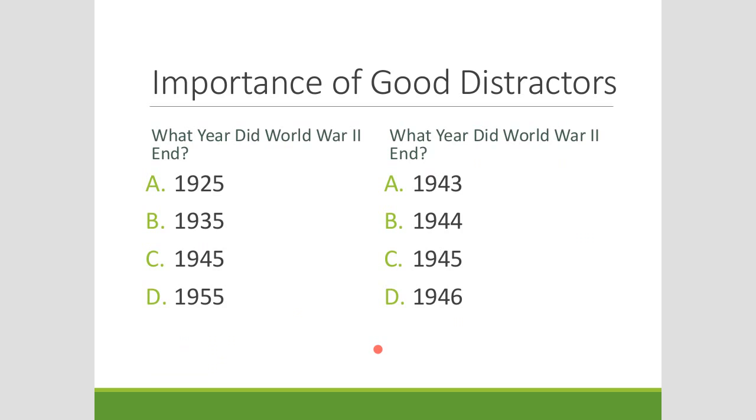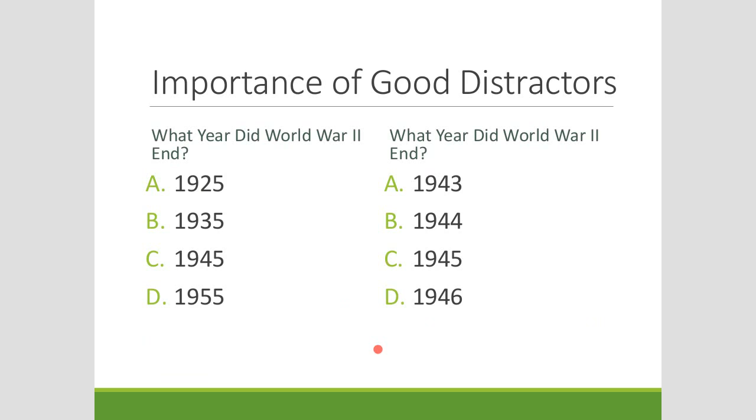So here's my big point on the discrimination index: good distractors are really the key difference between good multiple choice questions and bad multiple choice questions. Here are 2 questions with the exact same question and the exact same correct answer, and yet what these questions test is wildly different.